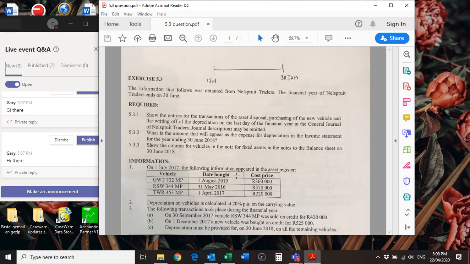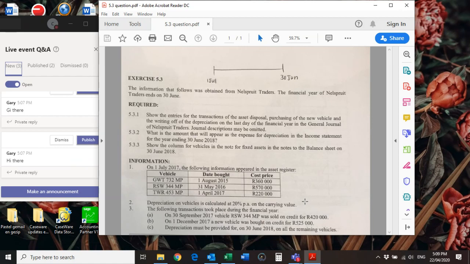If you have the date bought, the cost price, and the method of depreciation, here we have it, as well as the rate, you can work it out yourselves. This is more matric level. Now we have 20% per annum on carrying value. What does on carrying value mean? It's the harder method, so I need to take all the previous years' accumulated depreciation into account.